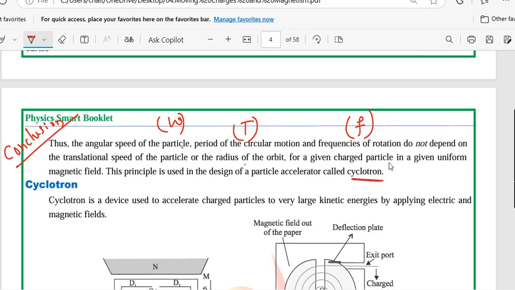Okay, this is one kind of application of whatever we have used in terms of the motion of the charged particle in terms of velocity and magnetic field.